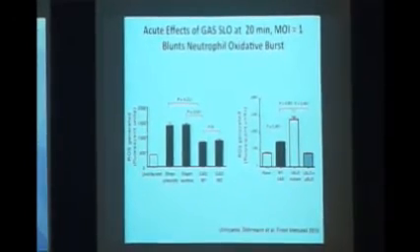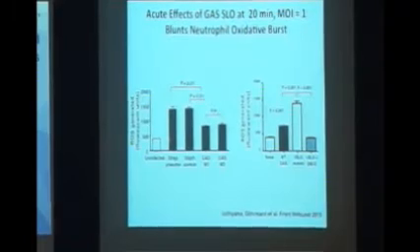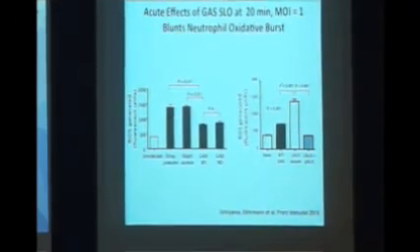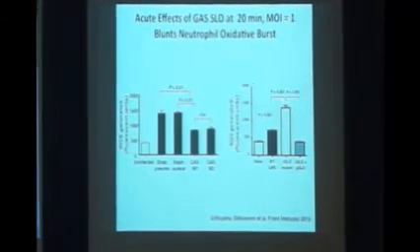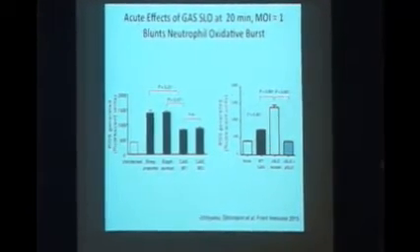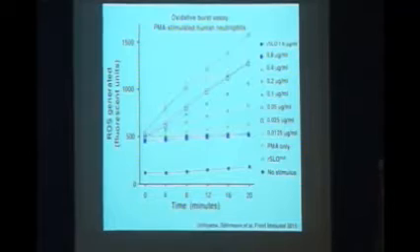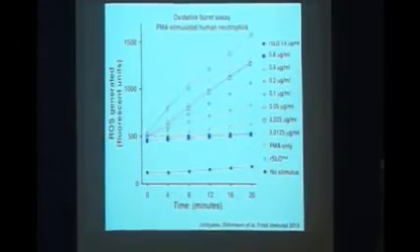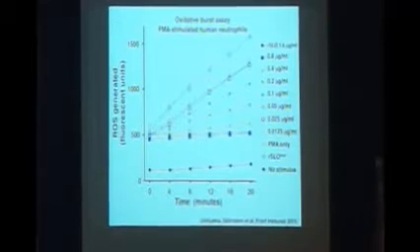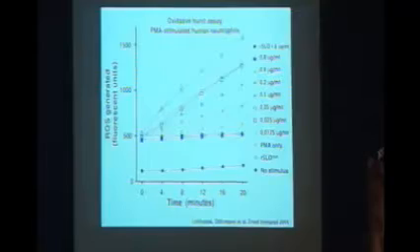What we see here is the suppression of the neutrophil oxidative burst, because if you eliminate SLO, you get a much better oxidative burst from the neutrophil. And you can see here just purified toxin causing a dose-dependent suppression of the oxidative burst of neutrophils, and we see the same thing with macrophages.